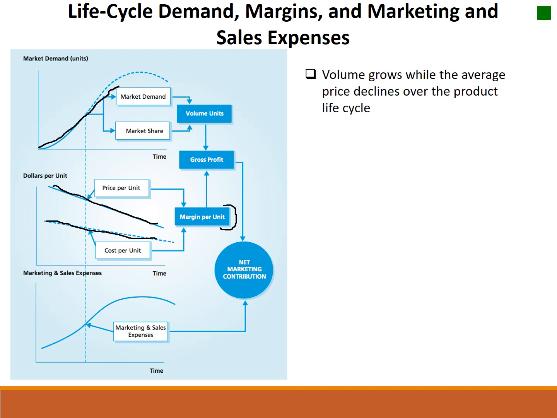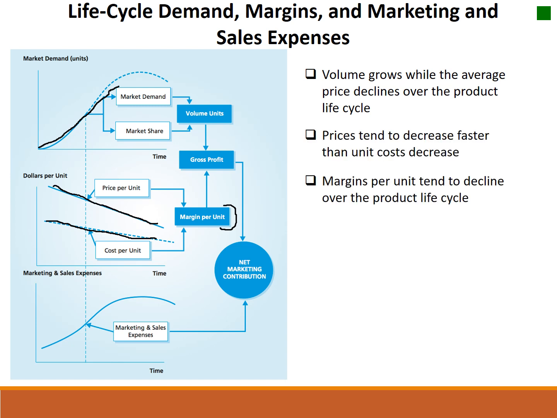Then we have profit, which will be a function of our margin. So profit margin will be declining, but as sales increase, we might not necessarily notice that impact. Finally, the last piece of the puzzle on this page deals with marketing and sales expenses.